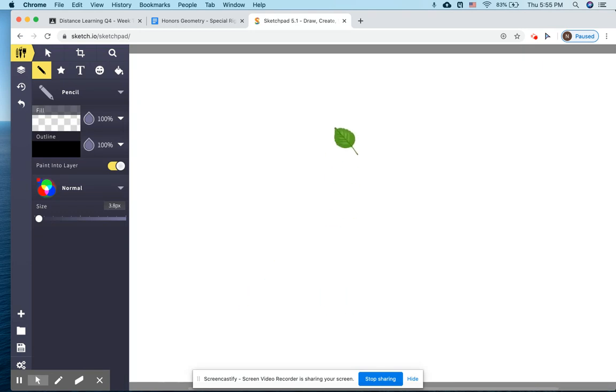Okay, so here's an equilateral triangle, and I highly recommend doing this in Sketchpad. So we know that this is 60, this is 60, this is 60. We know that the angles of an equilateral triangle are 60, 60, and 60.